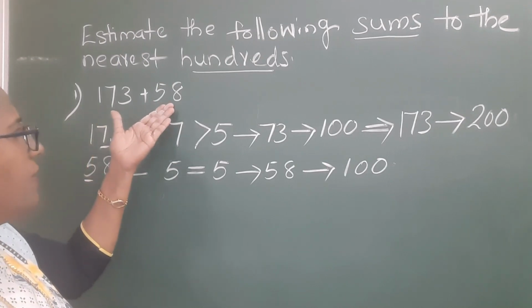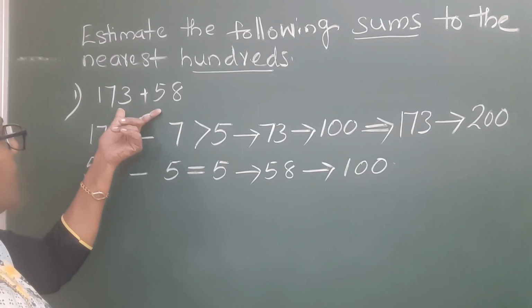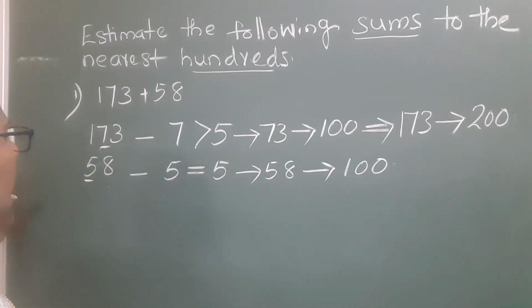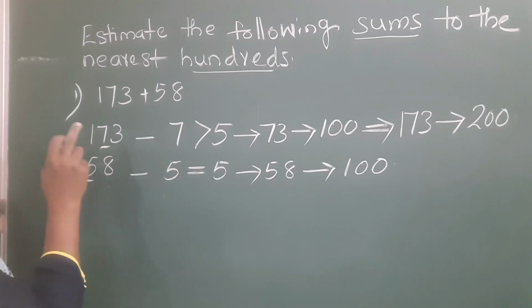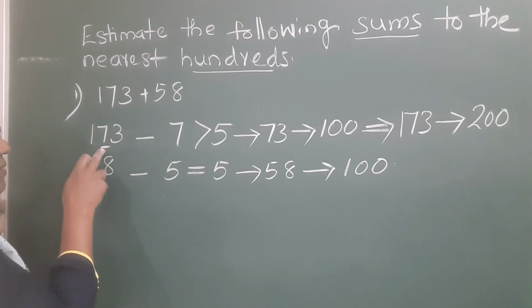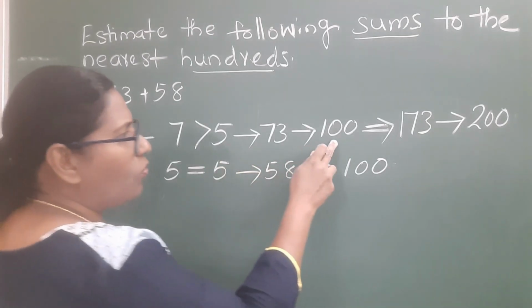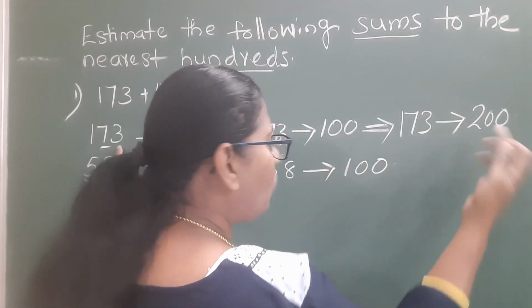173 plus 58. This is what we have to do. First rounding off to the nearest 100 and then we have to do the addition. So first we have done rounding off to the nearest 100. In 173, 7 is in tens place. 7 is greater than 5. So 73 rounds off to 100. So 173 rounds off to 200.